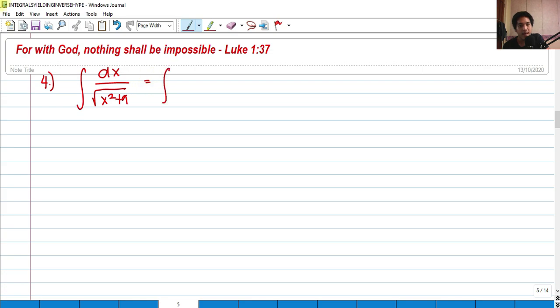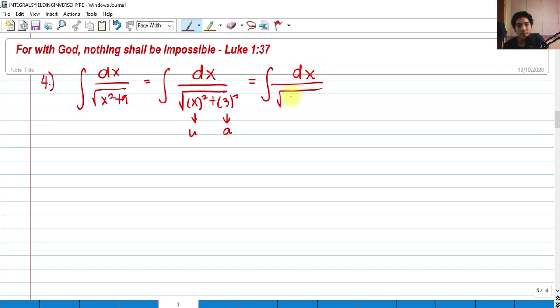We can rewrite this as the integral of dx all over the square root of x squared plus 3 squared. We can let this as our u, and we have this as our a. So we have the integral of dx all over the square root of u squared plus a squared.